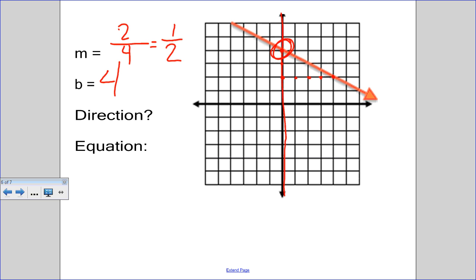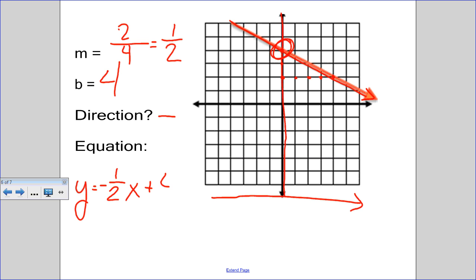Now, if we look at the direction of our graph, is that positive or negative 1/2 for our slope? Remember, we're reading from left to right. I think that our graph is slanting downward. Remember, sliding down means negative. So our equation is y = negative 1/2 x plus 4.